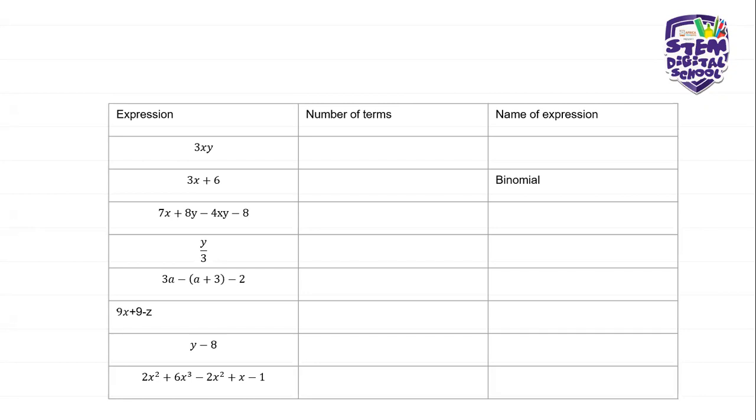I see Kamuelo said that the expression with only one term is known as a monomial. The expression with one term is known as a monomial. And Kamuelo is not alone in this.